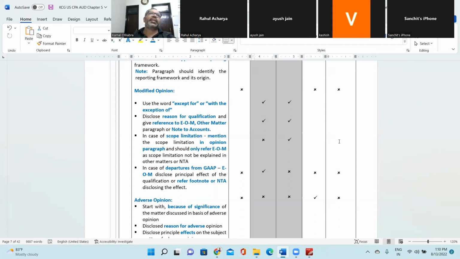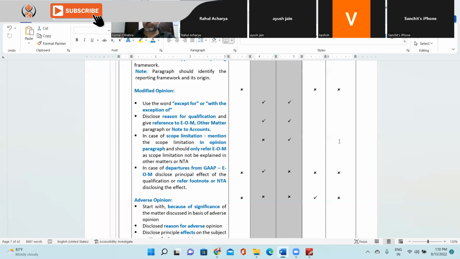Scope limitation. Let's take an example of inventory verification, physical count of inventory. Let's say, for example, there is a plant in, which location? Sir, Ukraine. Your favorite location nowadays.